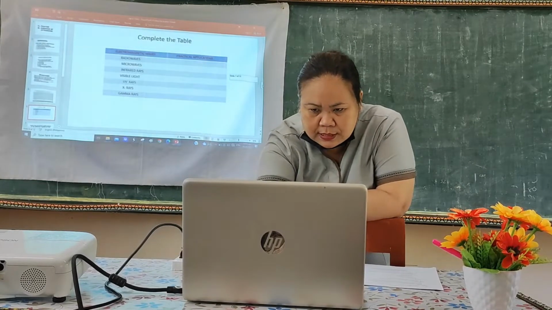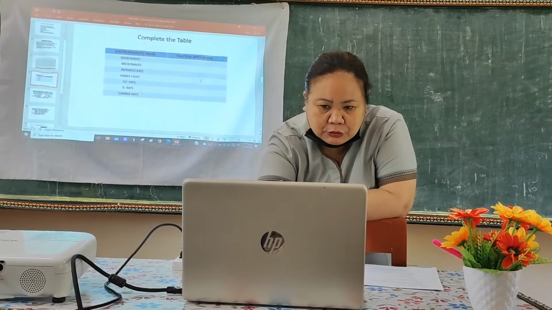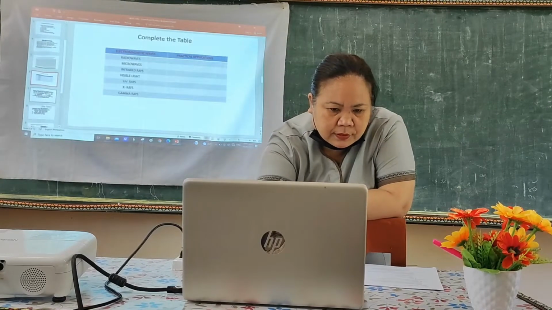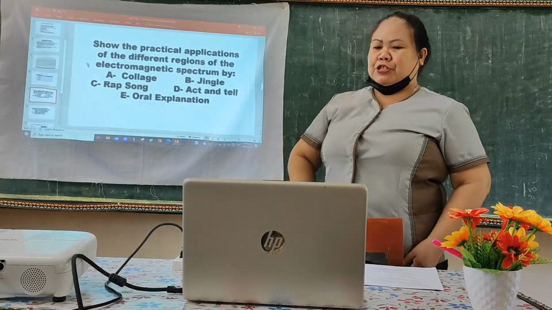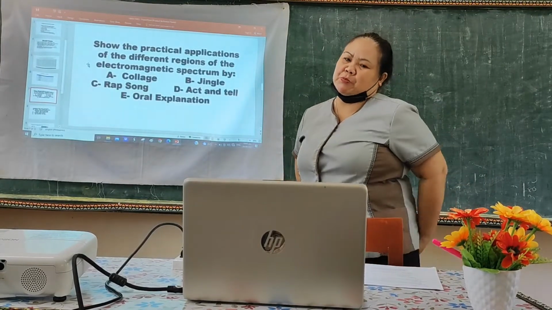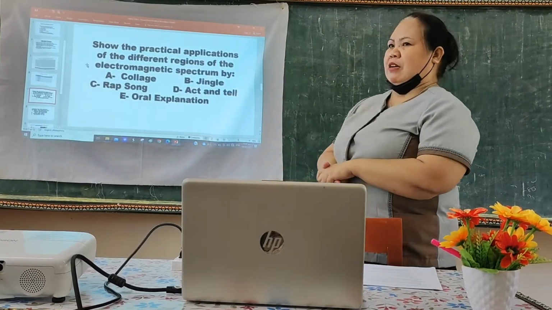After completing the table, since they have now the different ideas about the application of the electromagnetic spectrum, they can now perform or show the practical applications of the different regions of the electromagnetic spectrum by means of these 5 activities. Okay.